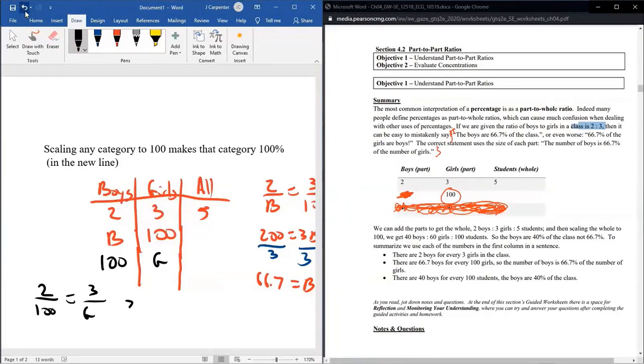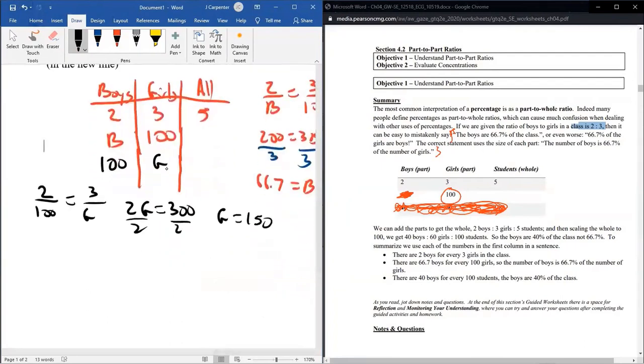You'll cross multiply. You'll get 2g equals 300. Divide both sides by 2. Half of 300 is 150. So g is equal to 150. So that says if you call the boys 100, there would be 150 girls. Or the girls are 150% of the size of the boys.